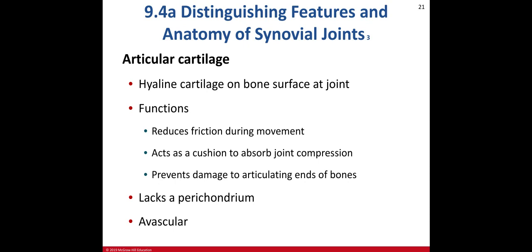So if you damage that cartilage, it cannot repair itself. It doesn't have the perichondrium we learned about in the last chapter, where we can regenerate the cells, and it's not vascular. It doesn't have blood vessels, capillaries going to and from it to give it nutrients and things to grow.